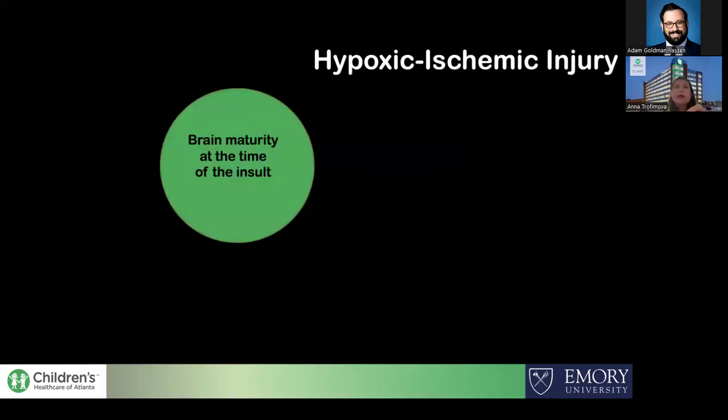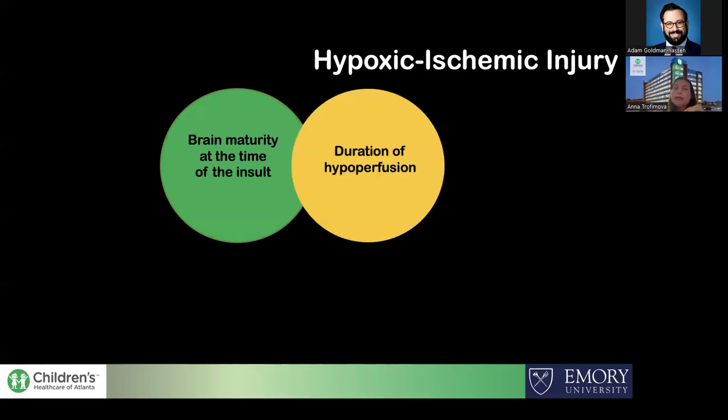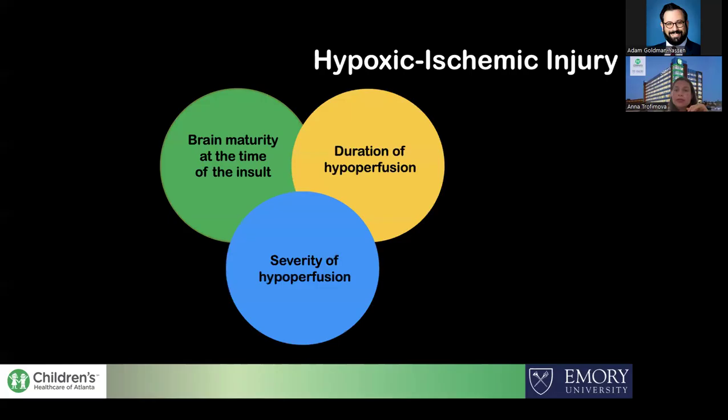So if we look at all these concepts in a more simplified way, in terms of how we can apply them to the imaging of hypoxic ischemic injury, the imaging pattern that we can see will depend on brain maturity at the time of the insult, as well as a couple of other factors, including duration of hypoperfusion during the insult and severity of that hypoperfusion, which altogether in combination define the imaging patterns that we can see.